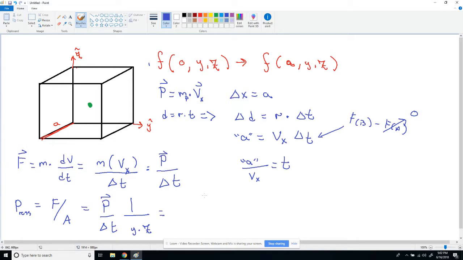So considering that delta t is equal to A over Vx, we would have P over Yz times A over Vx, and using this form again for momentum, mvx squared over this value and this value and this value, which is the volume.